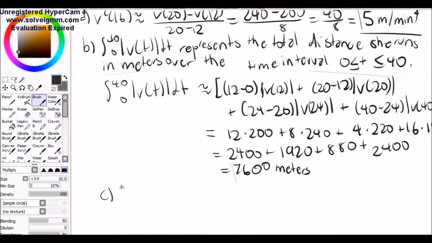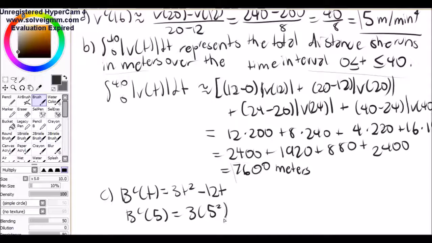Acceleration is just the derivative of velocity, so we have to find the derivative of b(t), which is 3t squared minus 12t. Then we substitute t equals 5, so we get 3 times 5 squared minus 12 times 5.